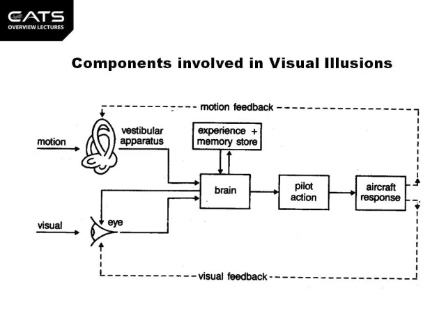Pilot action and aircraft response occur, and there's feedback motion, which is again detected by the vestibular apparatus. This ties in with the visual system that sees that a motion has occurred, sends the input to the brain, resulting in pilot action and an aircraft response, and then visual feedback that the aircraft has moved.